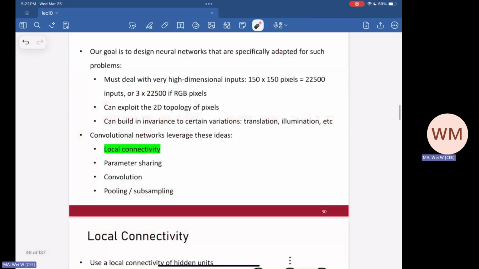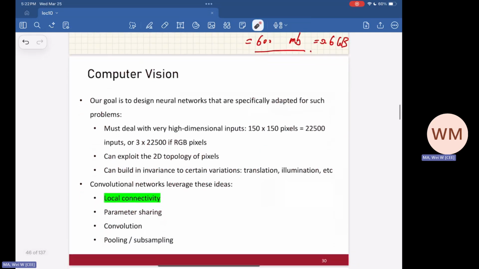To process this type of high-dimensional data, the CNN uses some key ideas. The first key idea is called local connectivity, which is basically partial connectivity.